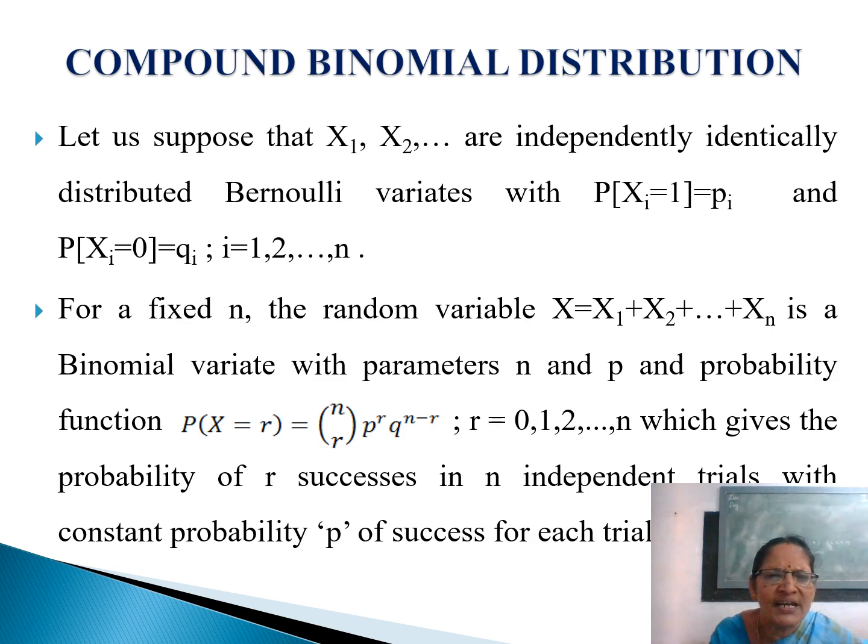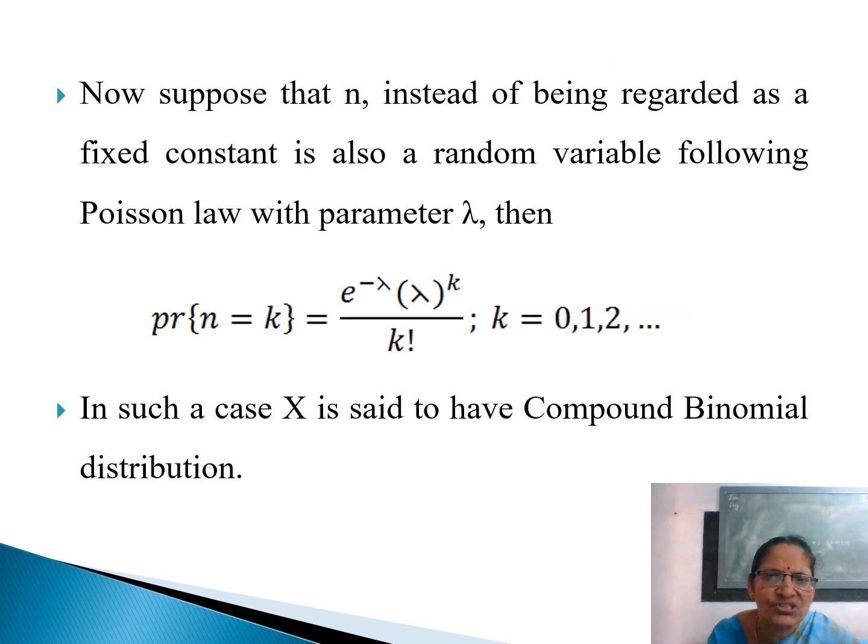For a fixed n, the random variable, namely x equal to x1 plus x2 up to xn, is a binomial variate with parameters n and p and probability function P of x equal to r, which is defined as nCr p power r q power n minus r, r varies from 0 to n, which gives the probability of r successes in n independent trials with the constant probability p of success for each trial.